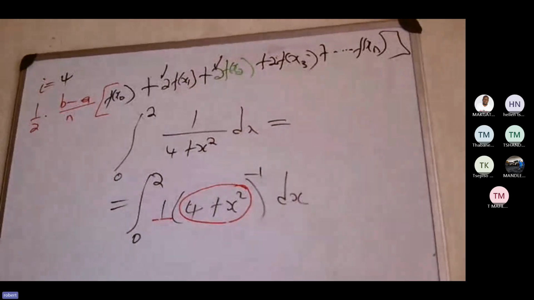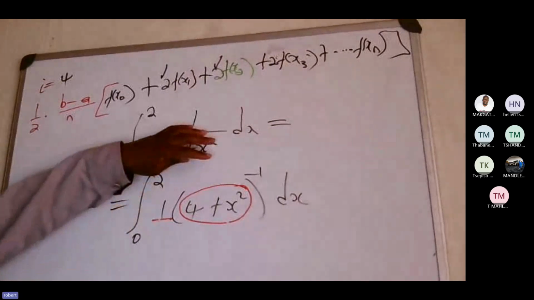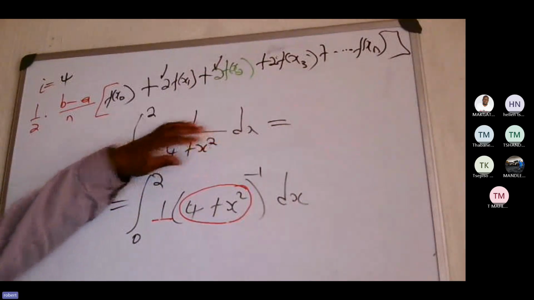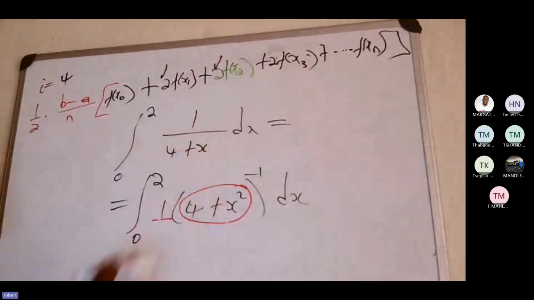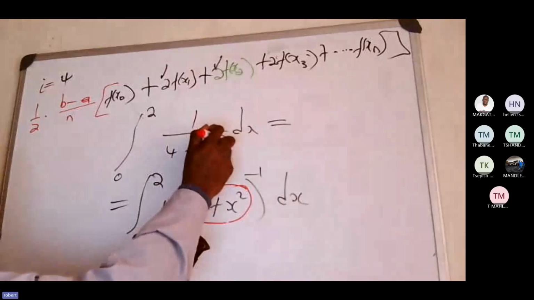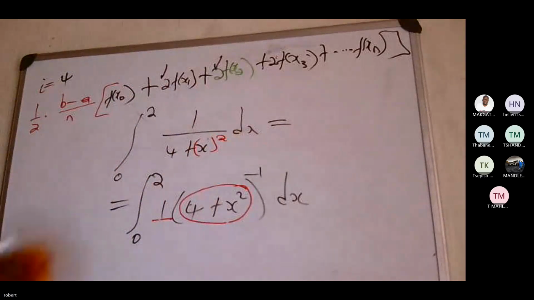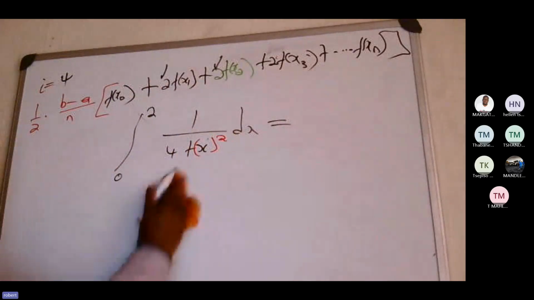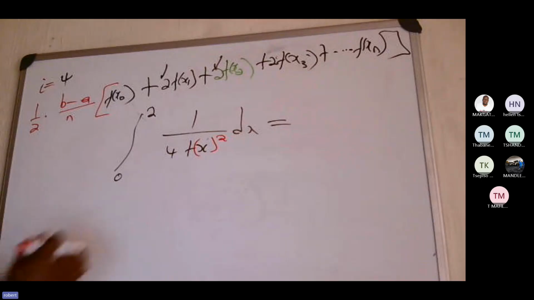If I don't say the whole denominator is f, but I say because of the square, then I say this is all squared. Then you will now be looking along this.